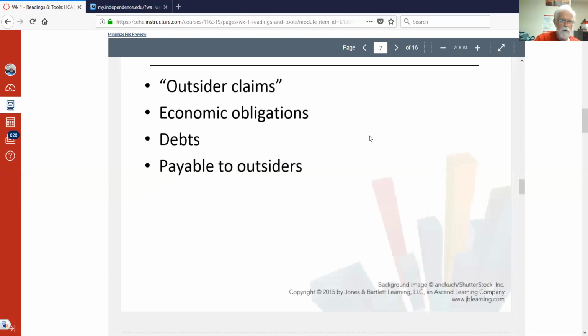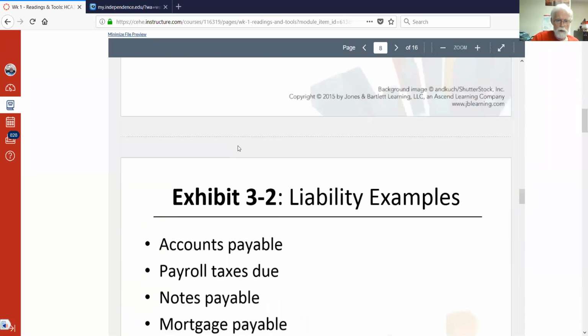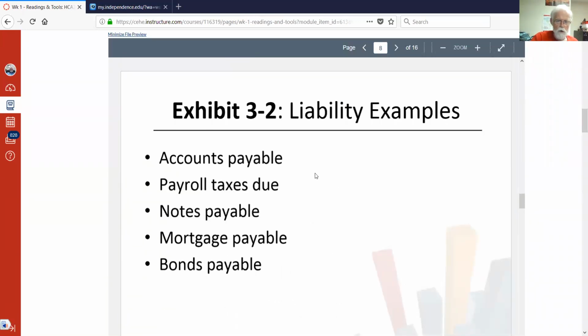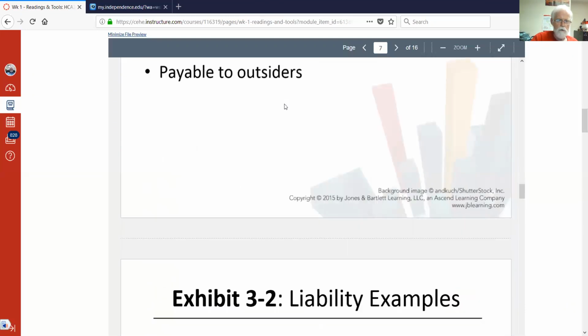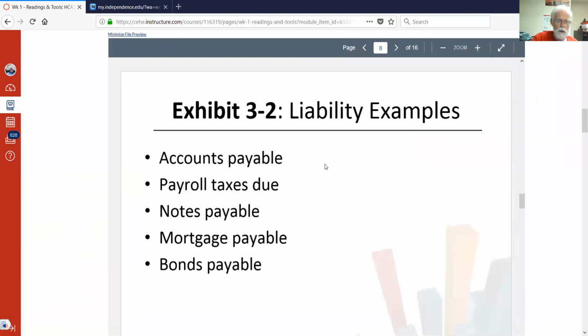Liabilities, any outsider claims, in other words, debts. Outsider claims can be any bills that we owe, economic obligations, accounts payable, and of course our debts are things like mortgages or loans that we have negotiated. So some of these, payroll taxes due, fall under the outsider claims.